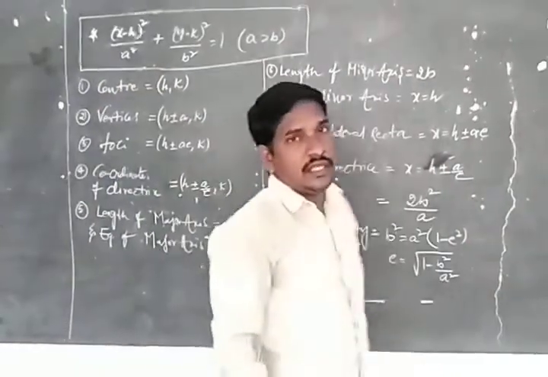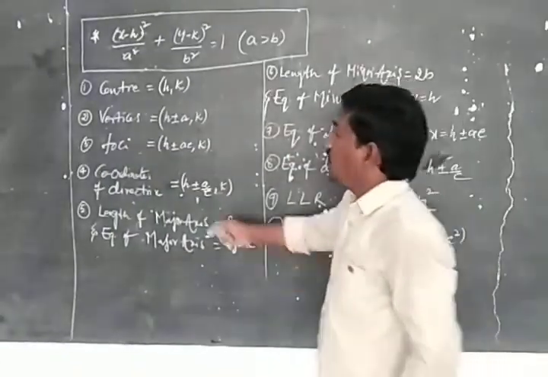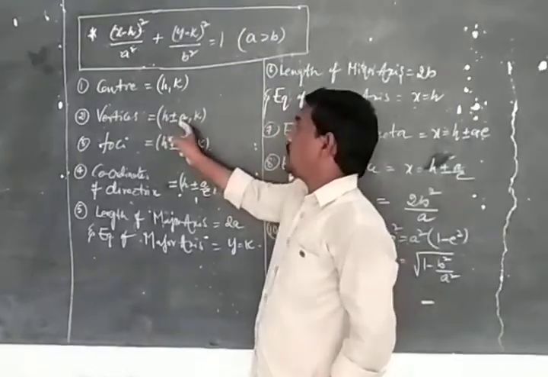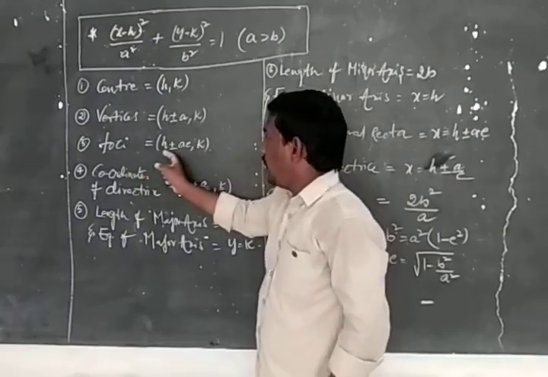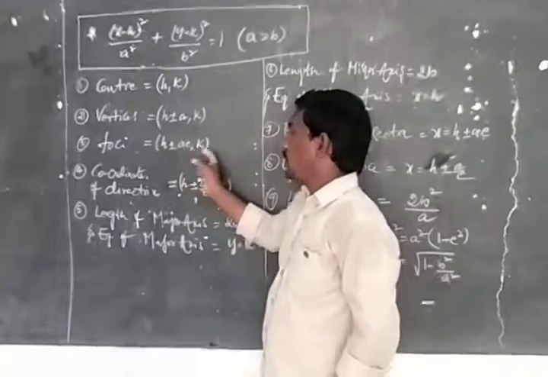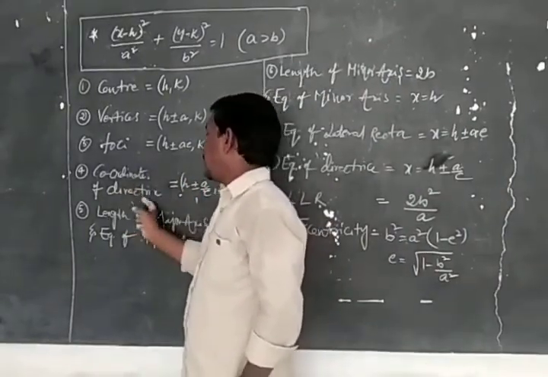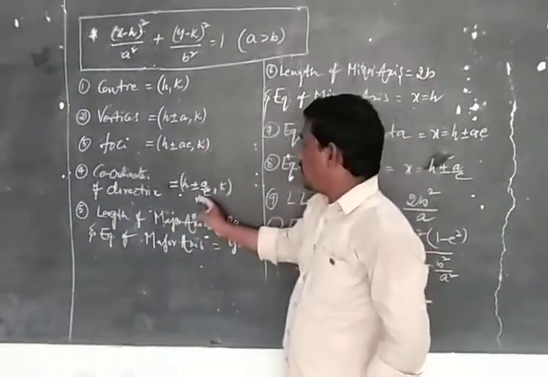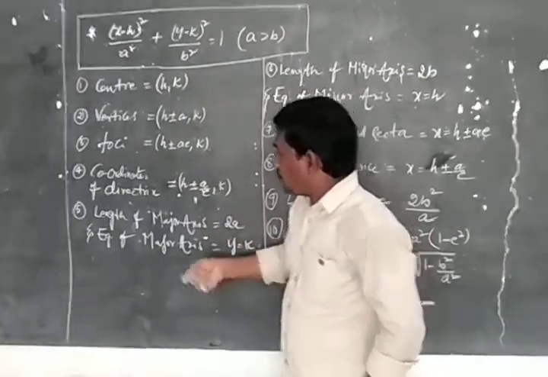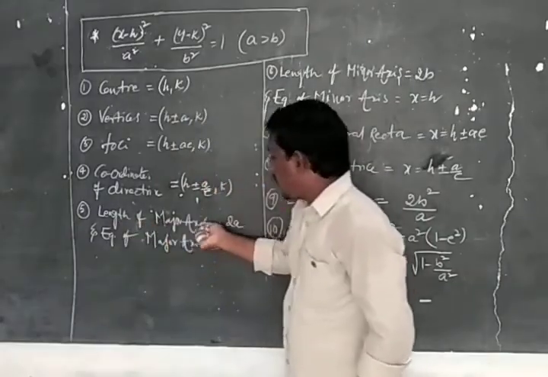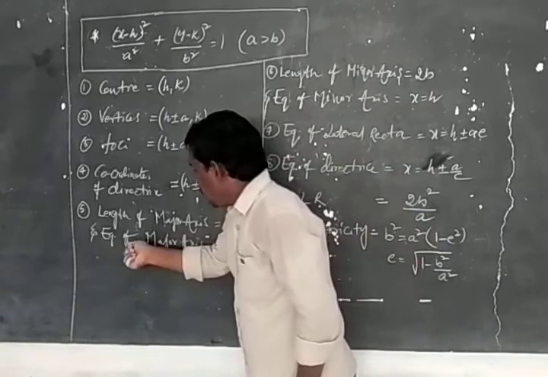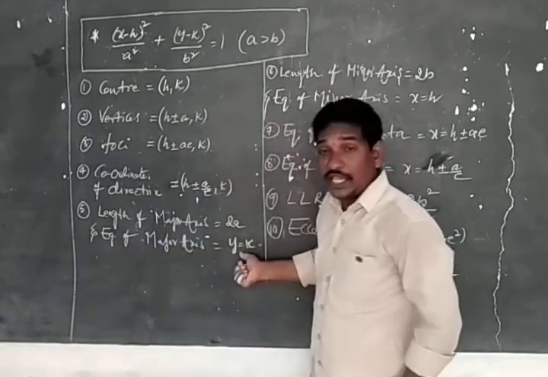Because the origin shifted to h comma k. Vertices h plus or minus a comma k. Foci h plus or minus ae comma k. Coordinates of the directrix h plus or minus a by e comma k. So length of major axis 2a. Equation of major axis y equal to k.